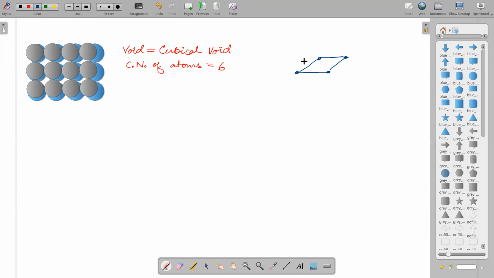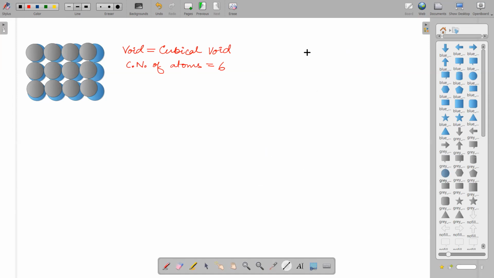And then on top you have the gray ones, or the black ones that I am representing here. Okay, so this is your cubical void. Sorry, cubical unit cell. Right, I don't like this structure.